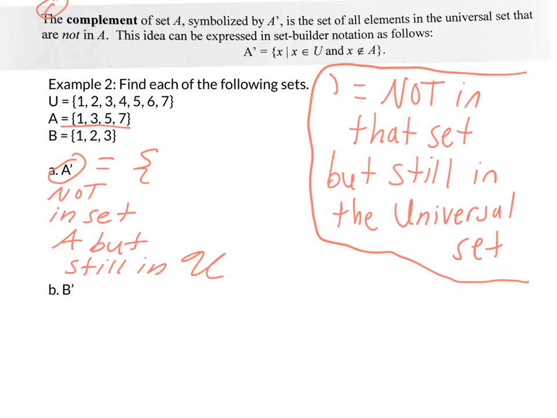universal set. So if I get rid of 1, 3, 5, and 7 from the universal set, what's left over in the universal set would be 2, 4, and 6. So those are all of the numbers that were not in A, but were still in the universal set. You always, always look at the universal set whenever you see that apostrophe, that complement symbol.